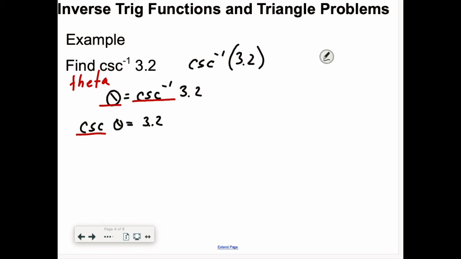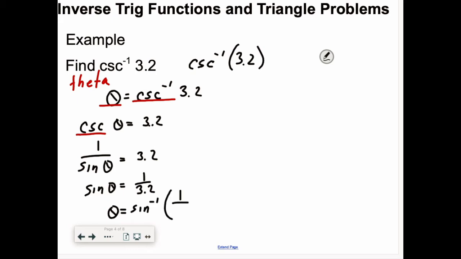Well, I know that cosecant is just 1 over sine of theta, which equals 3.2. When I want to get theta by itself, so first I'm going to flip everything. Then I'm just going to apply inverse sine to both sides. And then I'm just going to plug it into my calculator.